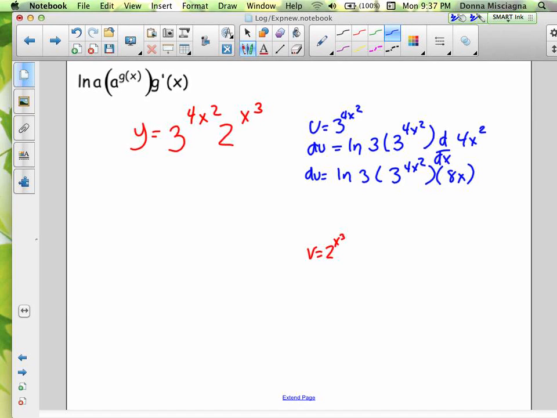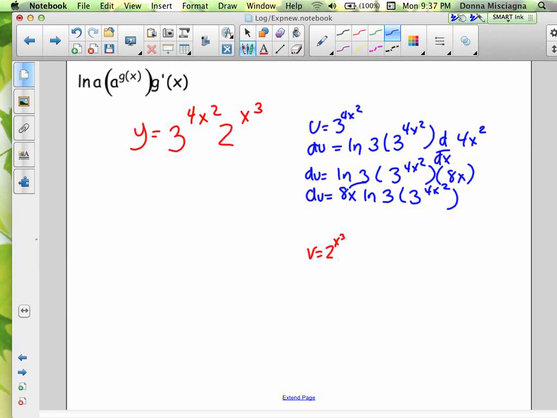So we have du is natural log, and I could move that 8x in front. I could leave it like that, or we could simplify it. You might see it like this, but let's simplify it in case you don't. So 8x times natural log of 3 times 3 to the 4x squared.